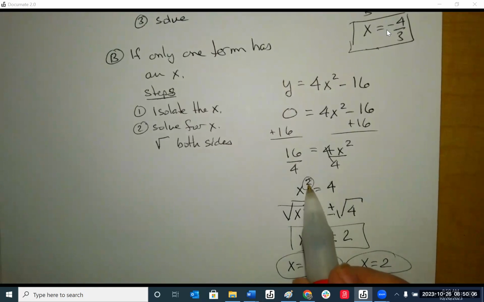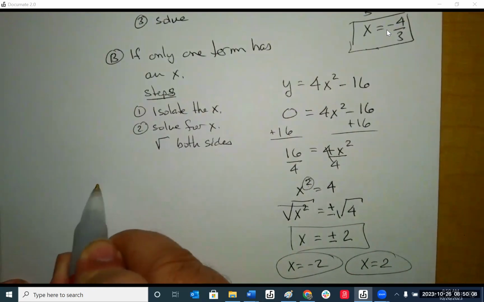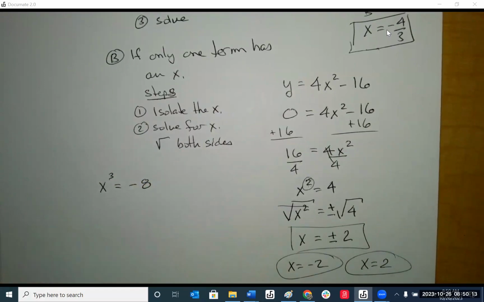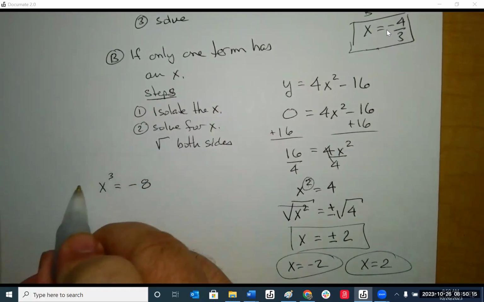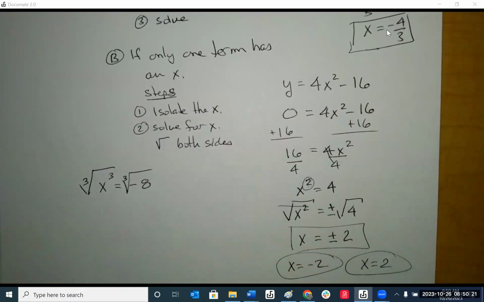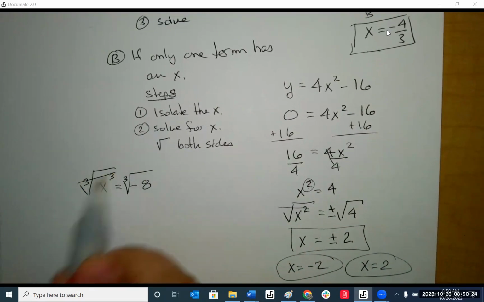If it's odd, if we had x cubed equals negative 8, because that's a 3, I would have to take the third root of both sides because these numbers have to cancel.